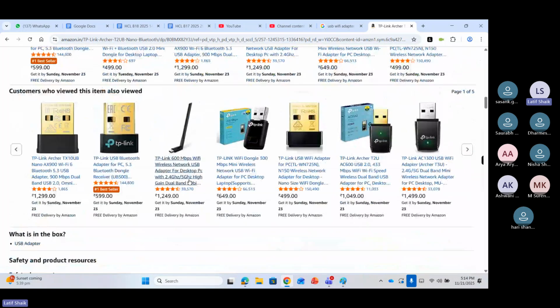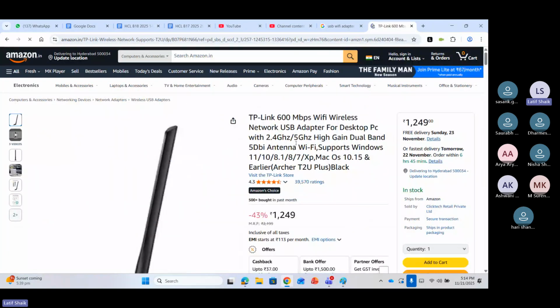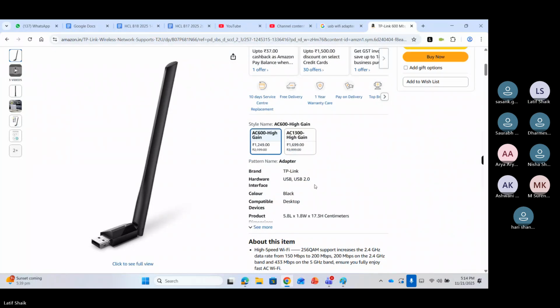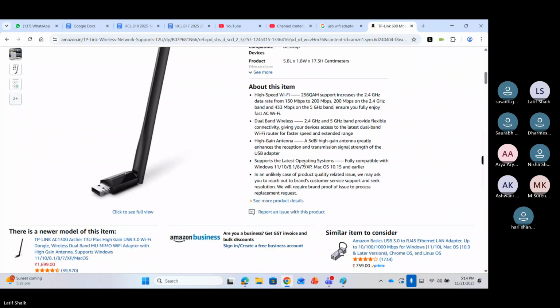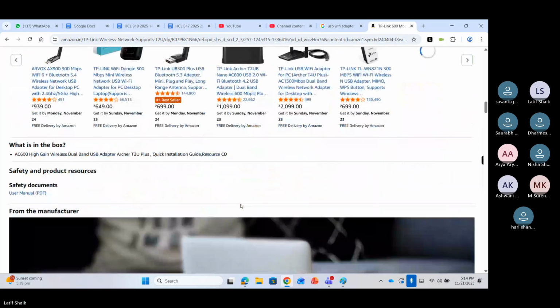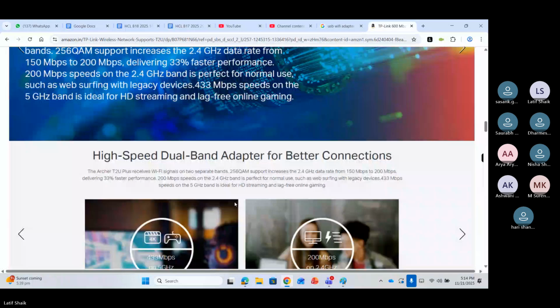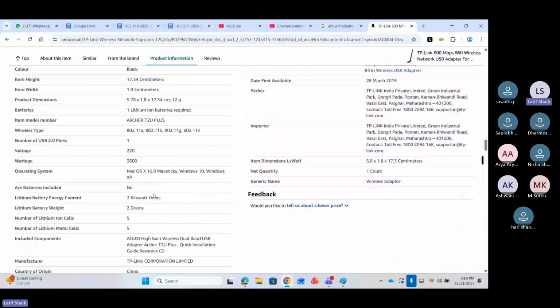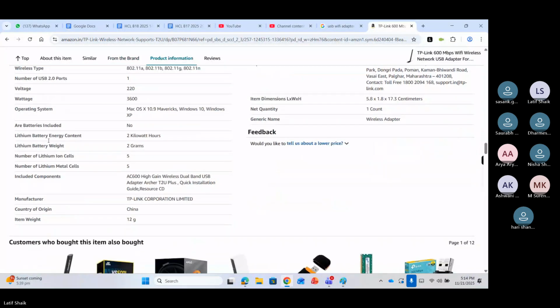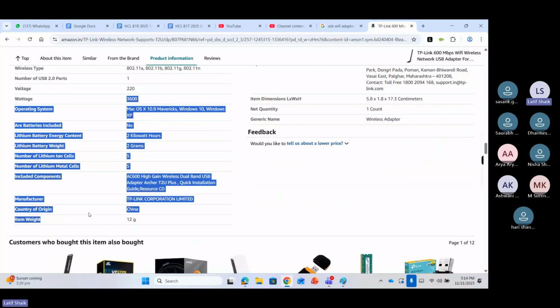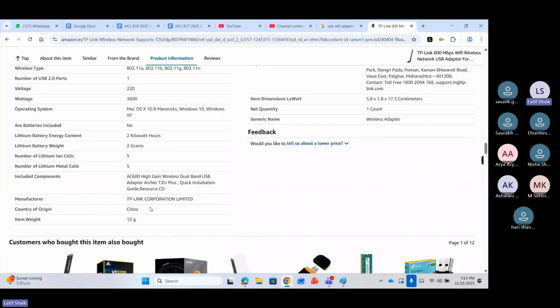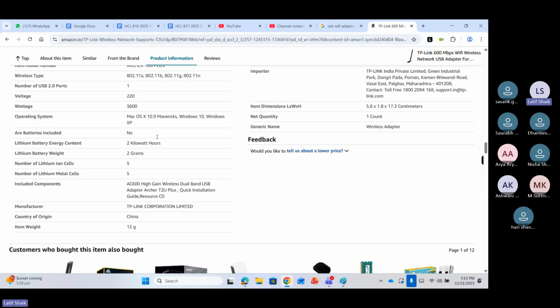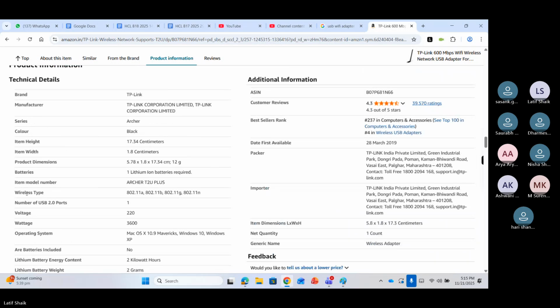Take another one. This also has dual channel support. Simple specifications it will show. What happened? To reduce the space, they removed that. And yeah, here it is. Sorry. Wireless type. See, 802.11a, B, G, and also there.